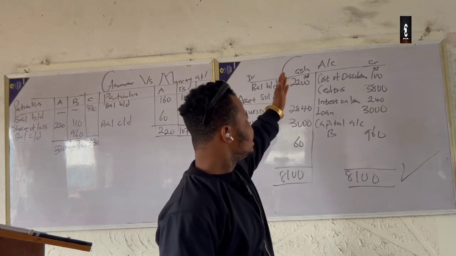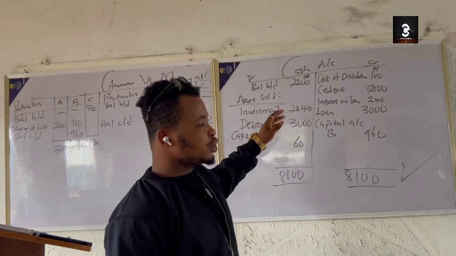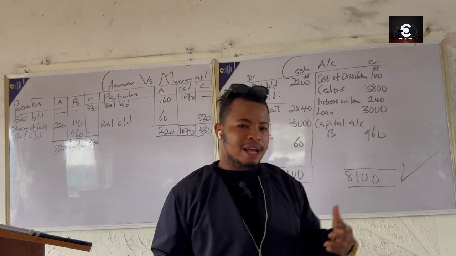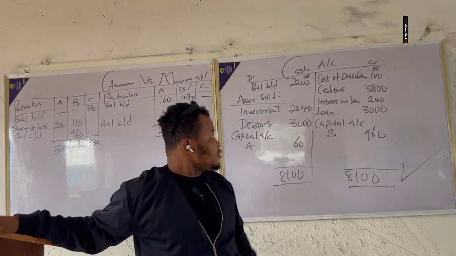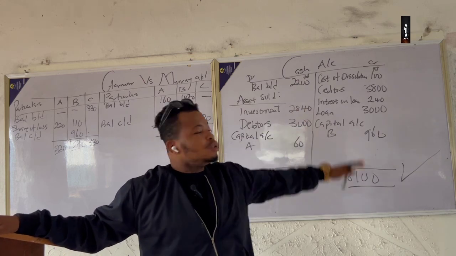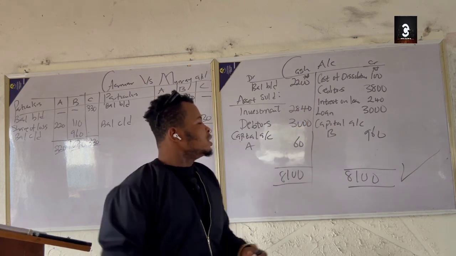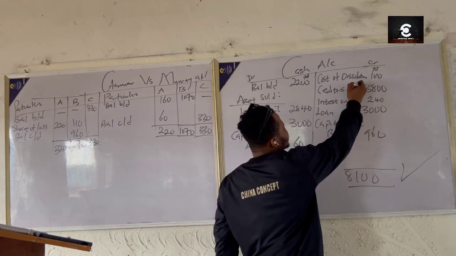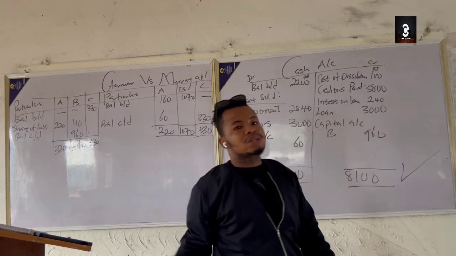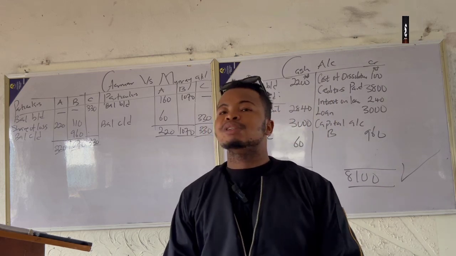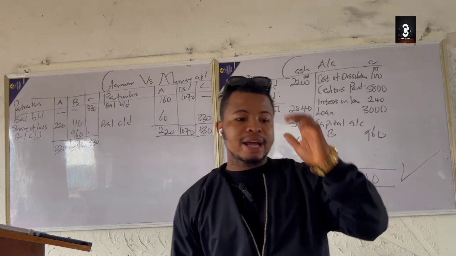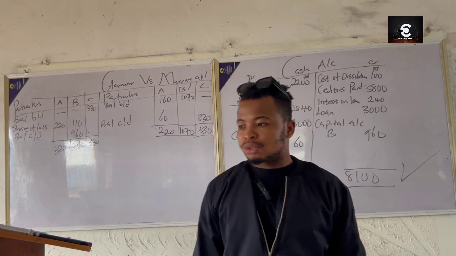So this cash or bank account is expected to balance, to show us that what we are doing is correct. First, cost of dissolution, then creditors paid. Remember, this is the amount we paid to creditors. We were owing them 4,000 and they gave us a discount, which went to the realization account.